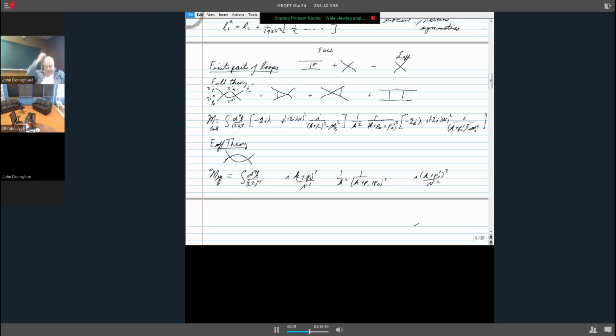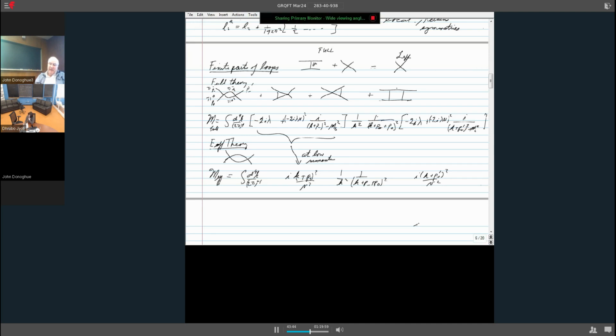So here M effective is the integral d4k over 2 pi to the 4th. The propagators in the middle there are the same: 1 over k squared, 1 over k plus p minus plus p0 squared.